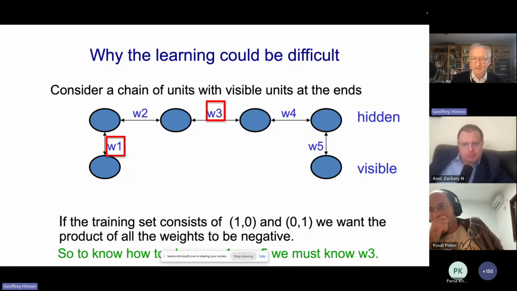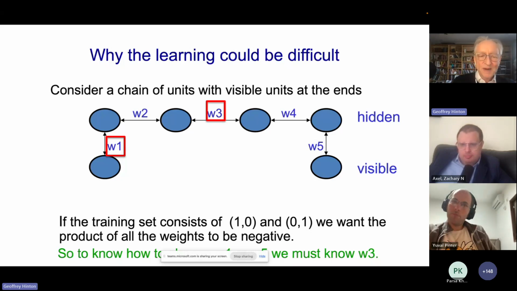It doesn't even involve the same units as W1 connects. So we know that in order to know how to change W1, you need to know the sign of W3. Now, in an algorithm like backpropagation, you send information backwards to get that information back. But in the Boltzmann machine, you've got a completely different way of getting that information, which depends on something that looks just like magic.